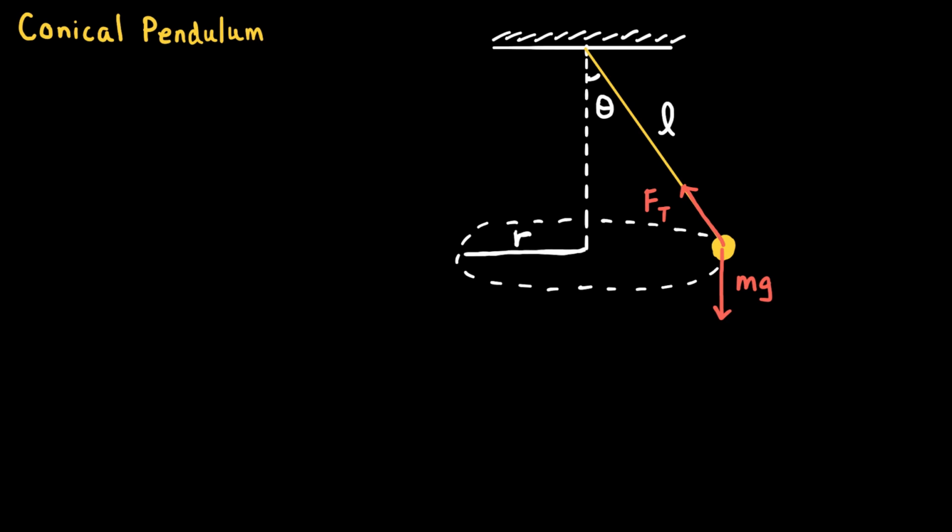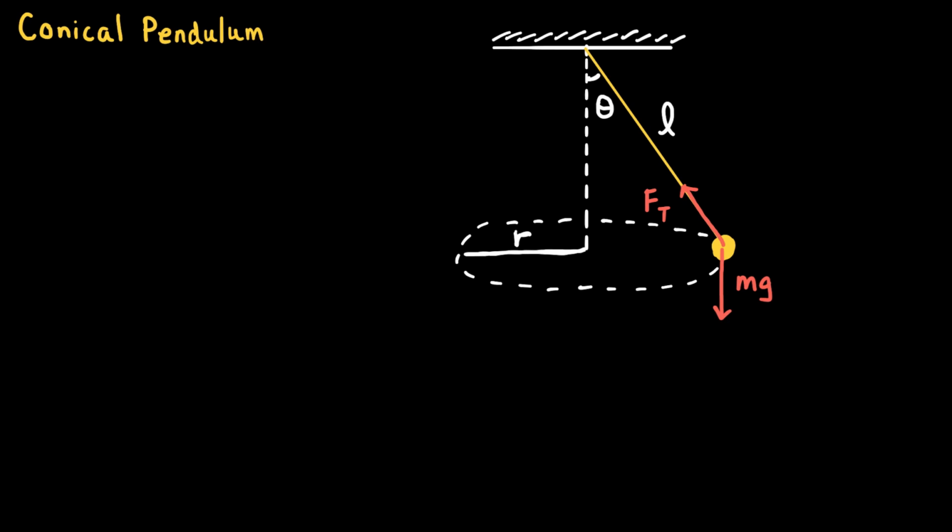Next, I would like to consider the motion of the ball. I know that the ball is moving in a circle, and let's suppose that the ball is moving at a constant speed v. A lot of the times, if you see something like this in a physics classroom, the conical pendulum would be made by a pig or a cow that flaps its wings, or a plane that is able to propel itself.